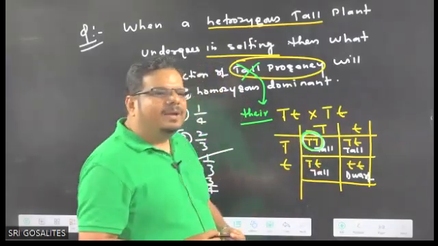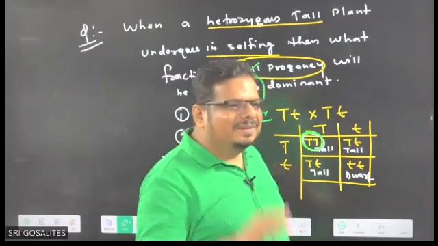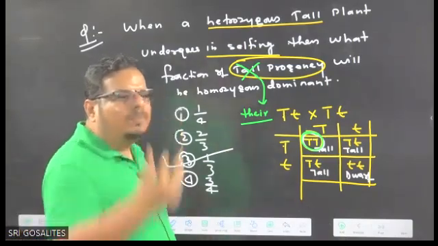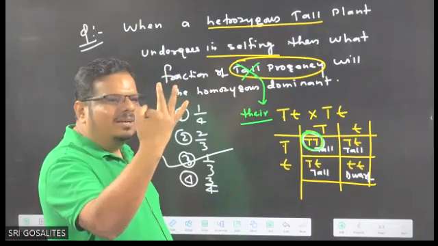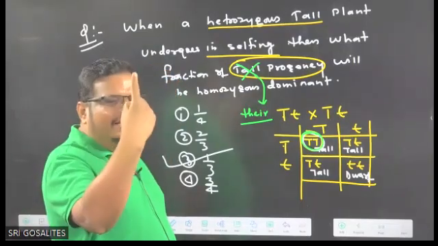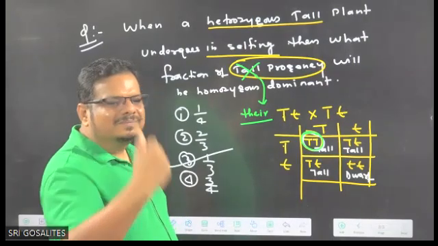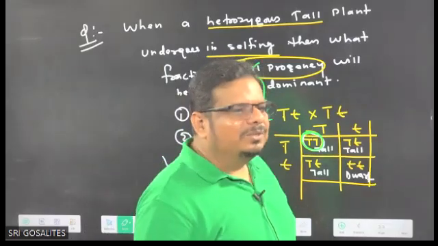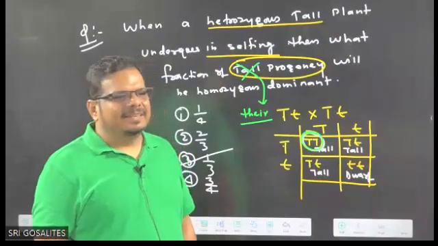So when I write what fraction of progeny, the answer becomes 1/4. Getting the twist or not? When I ask what fraction of tall progeny, 3 are tall. Out of 3, how many are homozygous dominant? 1. Got the idea? Are you in a position to handle that question? Okay, is it clear?